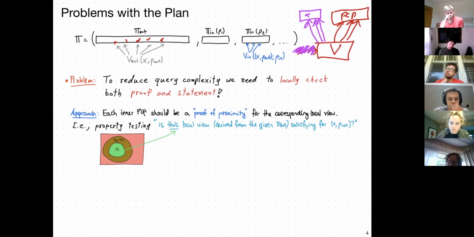Okay, so let me make it more explicit. What is the statement that we are going to check? So the statement would be the following thing. Suppose that we fixed some random coins. And now this means that I only look at these particular locations. So let's write them down as a new vector. This is just the local view of the outer PCP verifier.